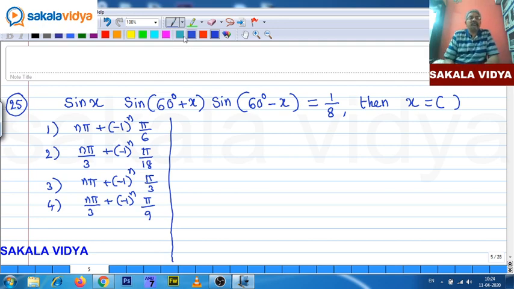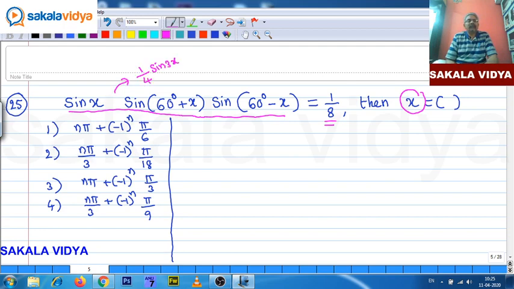Let us check now whether your option is correct or not. Sin x into sin 60 degrees plus x sin 60 degrees minus x equals 1 by 8, then we need to find the x value. See, this is equal to 1 by 4 sin 3x. This is the formula you need to remember from multiple and submultiple angles. So now directly we can write 1 by 4 times sin 3x equals 1 by 8.